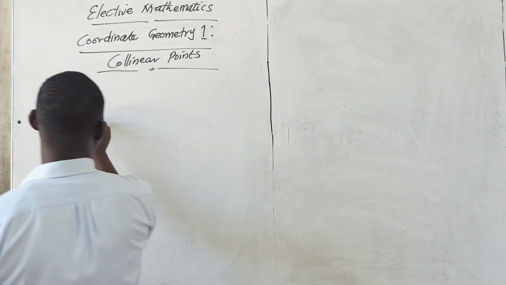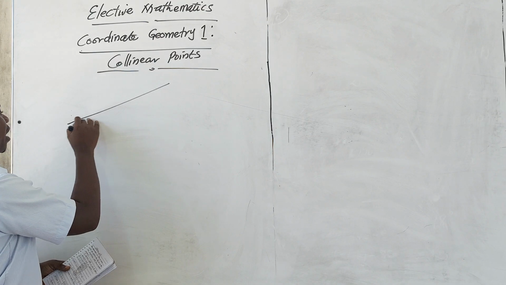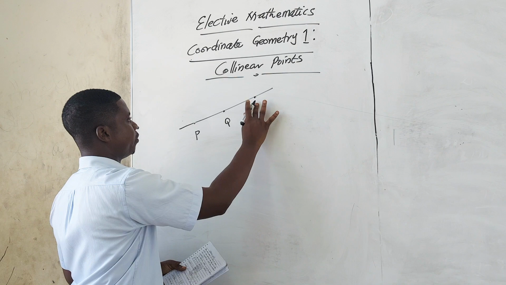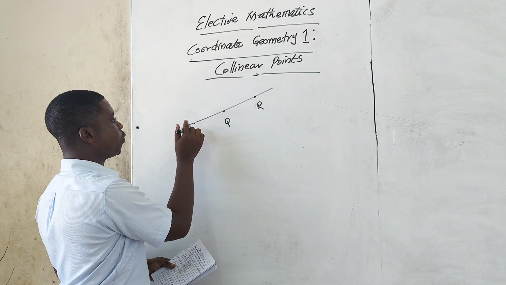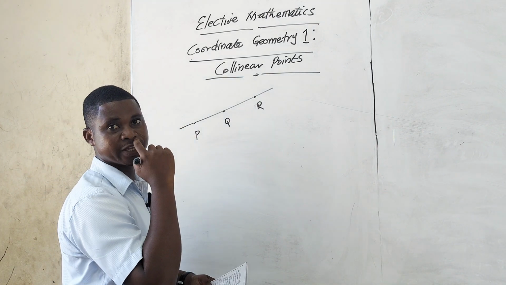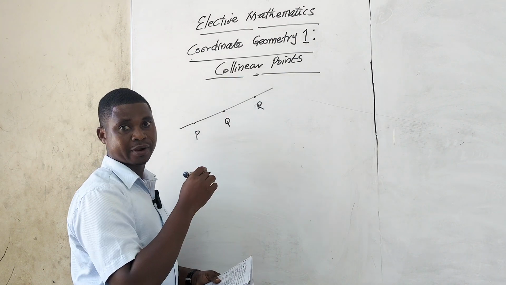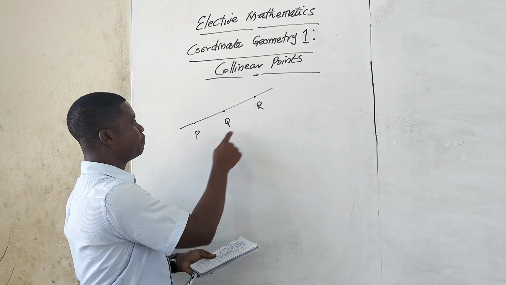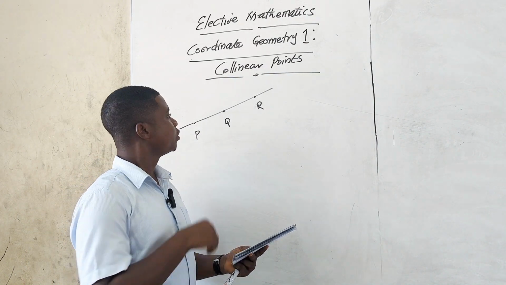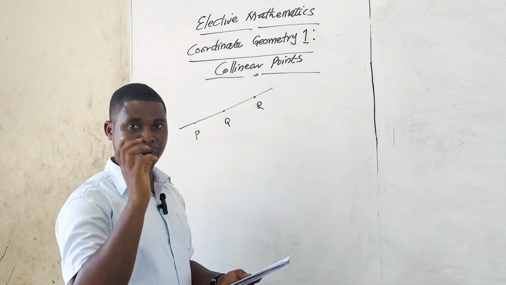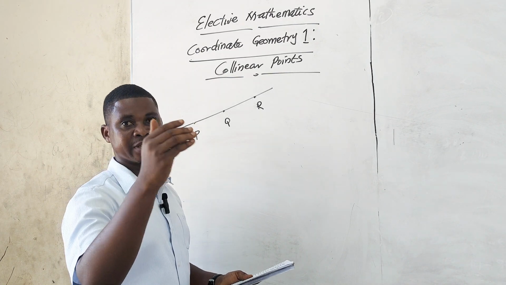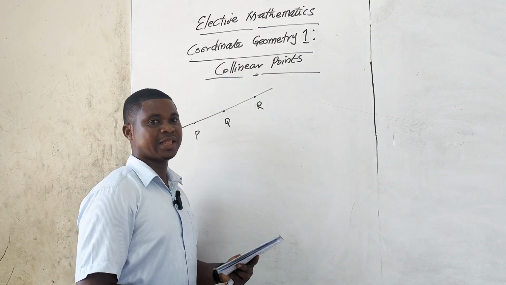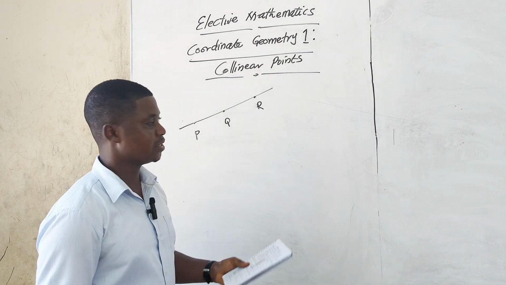Let's say you have this straight line and a point P, then point Q, then point R. When you find the gradient of PQ and the gradient of QR and they are the same, it means they are collinear, because automatically PR will also be the same. So 3 points are collinear when they have a constant gradient and they are all in the same straight line. So that is collinear. Let's solve some examples and see.